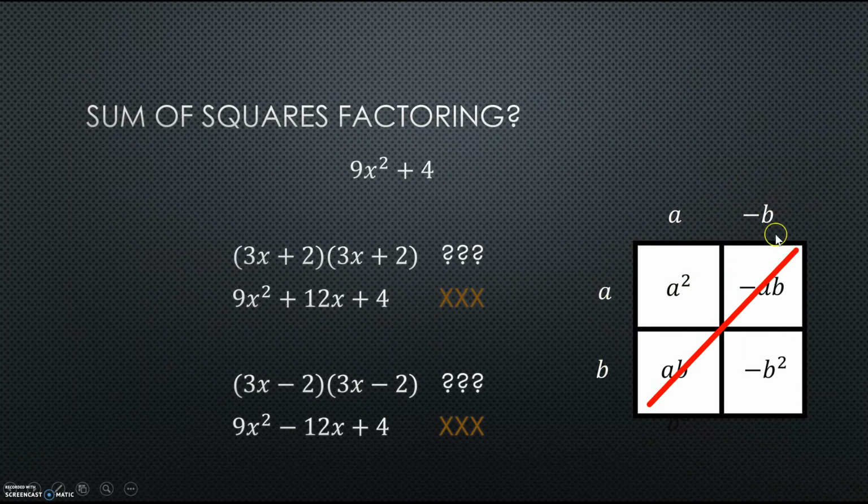So you need that negative in there, but you can only have one negative, and then you automatically end up with a difference of squares. So the short of it is a difference of squares will factor every time. A sum of squares will never factor. So don't even try to do it. There's no way to come up with two polynomials that multiply together to give you this. It just doesn't work out.